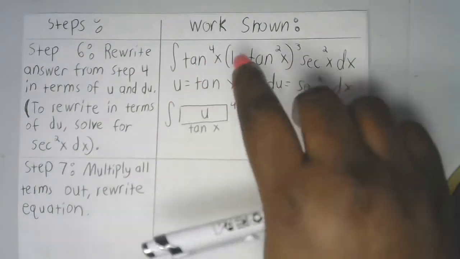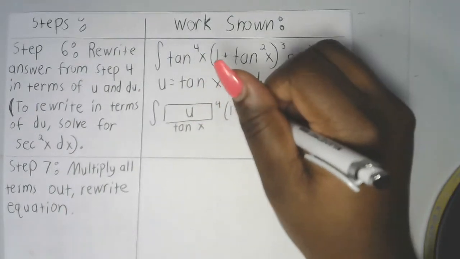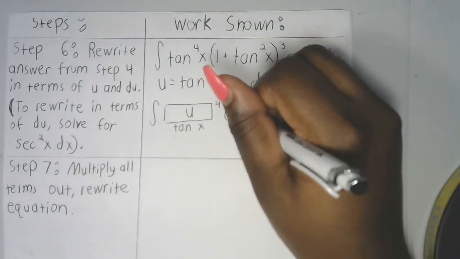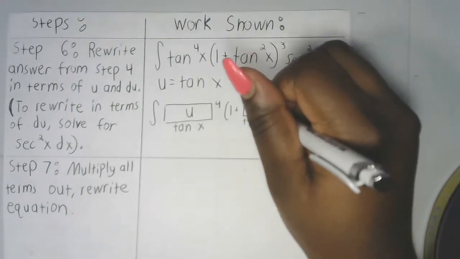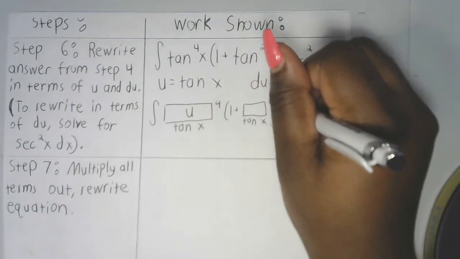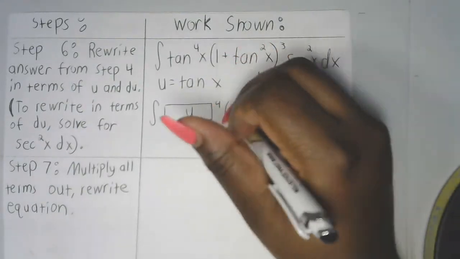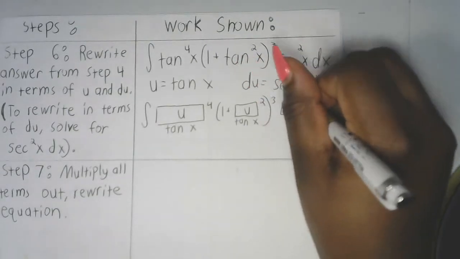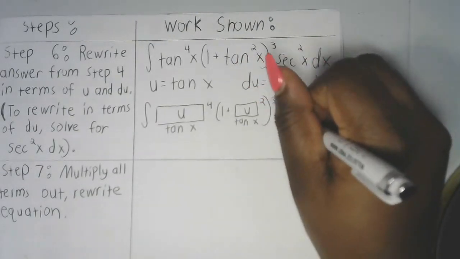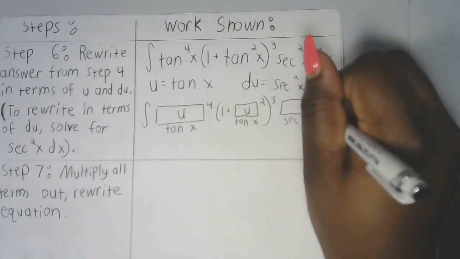And 1 plus tan x squared, and this whole thing to the 3rd power, would be 1 plus u squared, and the whole thing to the 3rd power. And then secant x squared dx would just be du.